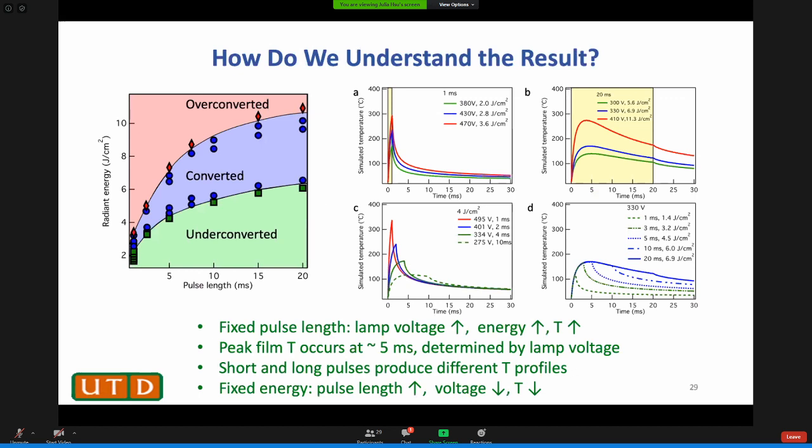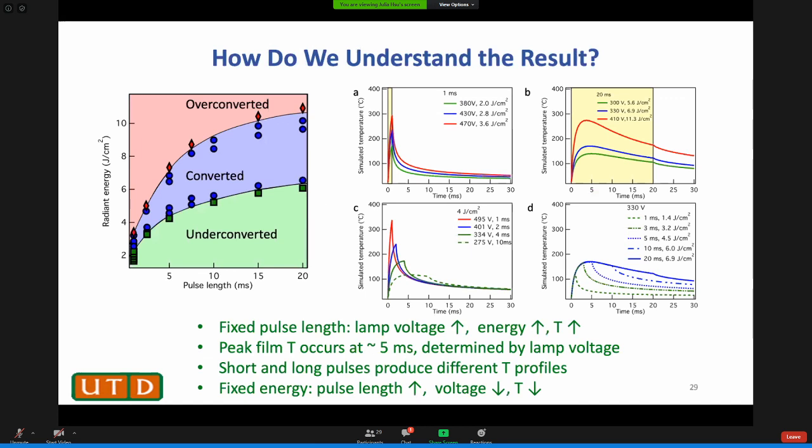The purple ones are 1 millisecond pulse lengths, and the orange ones are 20 millisecond pulse lengths. I want to point out that in this space, for 20 milliseconds, there's a wider range of energy you can choose versus the 1 millisecond.